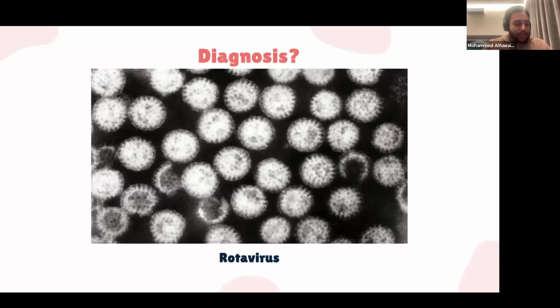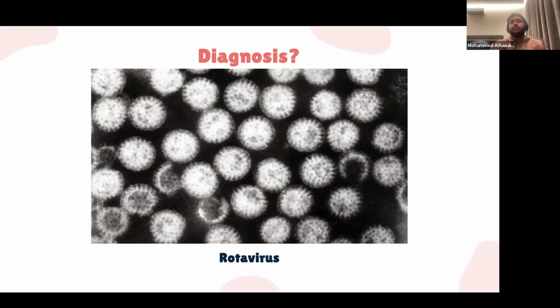Now, rotavirus, very importantly to remember about this is that the shape, it looks like a wheel. That's number one. Number two is what age group is most commonly affected? Children, good, kids. What type of diarrhea does it cause? Watery or bloody? Watery diarrhea, good.